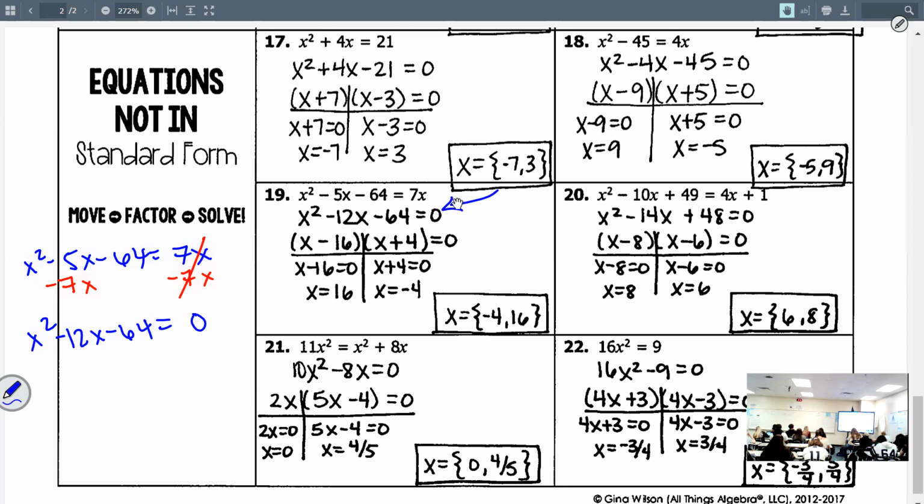So since it's a trinomial, we factor it using the diamond method. So -64 on top, -12 on the bottom. The only two numbers that work for it were -16 and +4. So you just had to play around with them until you find the right ones.